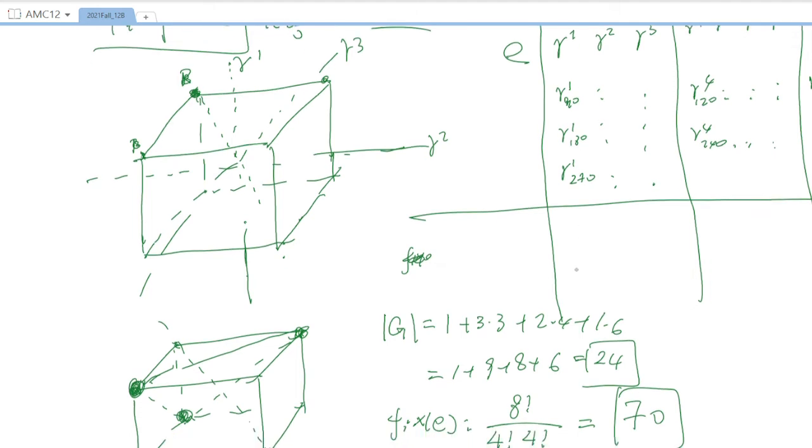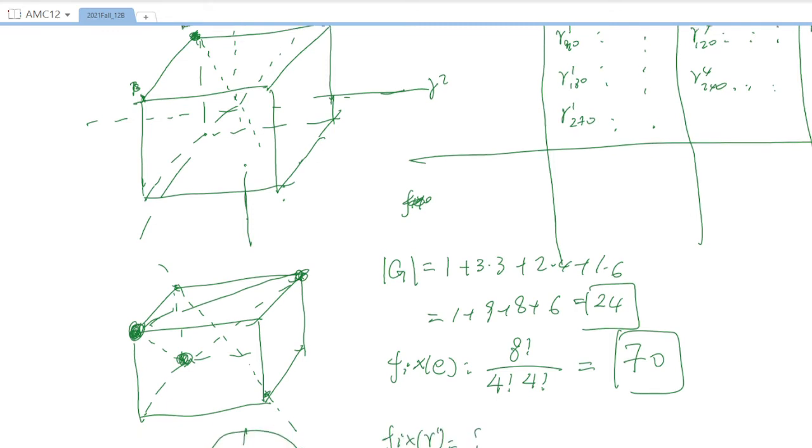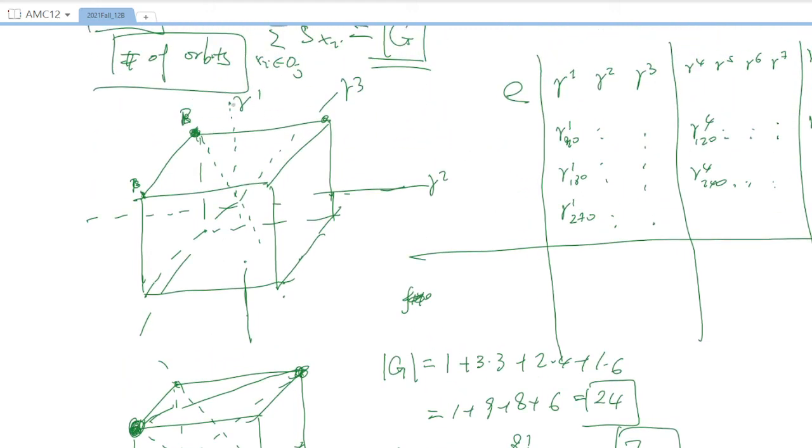Now we're counting the fixed R1. For fixed R1, we need to separate different countings. Let's say fixed R1 of 90. Fixed R1 of 90 means when I'm rotating along the R1 axis, it doesn't change. So if this one rotating gets to here, this one gets to here, this one gets to here, and it doesn't change the pattern after 90 degrees, it means this color equals this color equals this color equals this color.